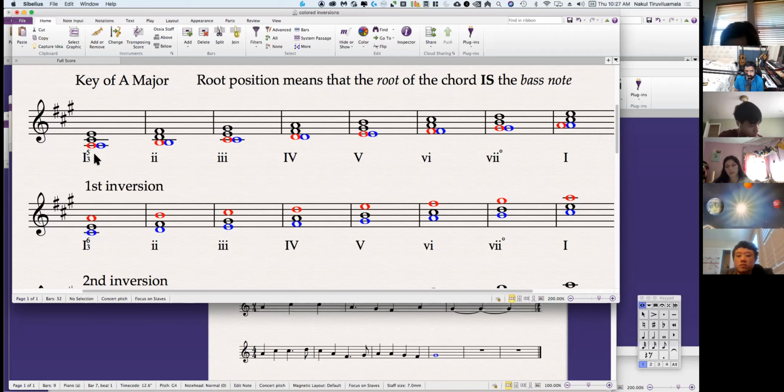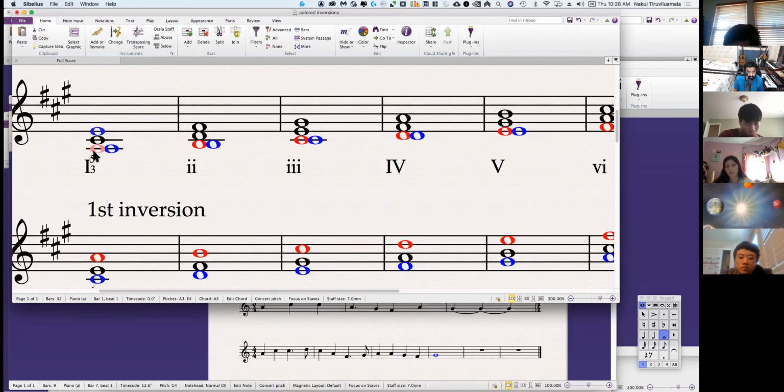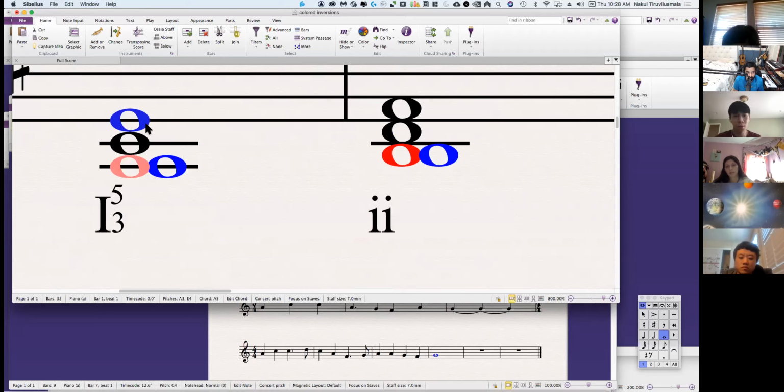So what does this 5-3 mean? If we're here, what is the outside interval? The outside perfect fifth. So that's what this 5 refers to. If we're looking at the inside interval, what is this interval? Major third.